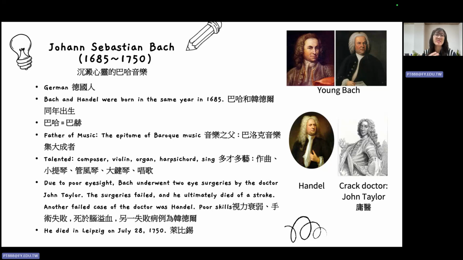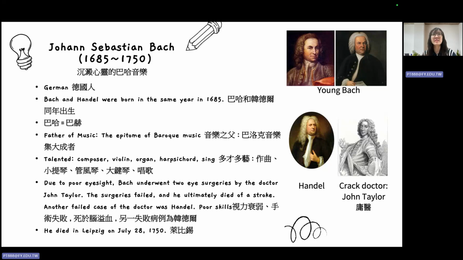Bach is just the translation difference. So he got the title Father of Music. He's sort of the epitome of Baroque music. 巴洛克音乐集大成者。So he is very talented. He's a composer, violin player, organist, harpsichord player, and also a singer.